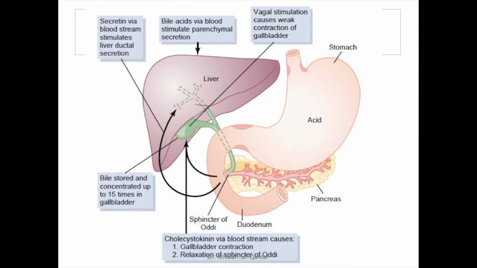Bile salts and secretin are transported via the bloodstream, and they stimulate the liver to produce bile more rapidly.